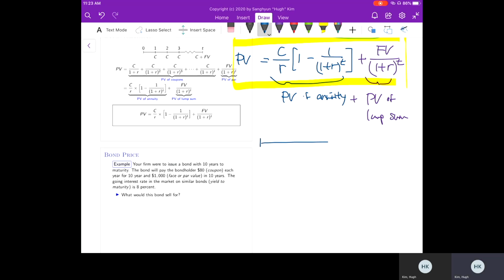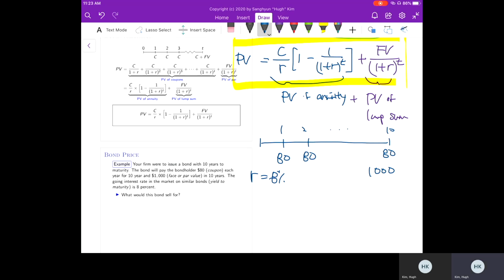So it makes annual coupon payments of $80 each year for 10 years, and it pays $1,000, the face value, in 10 years. If the going interest rate in the market on similar bonds, the yield to maturity, is 8%, the question is, what would this bond sell for?